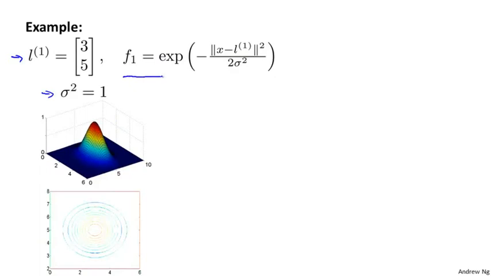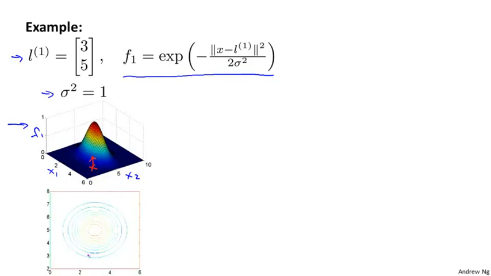If I plot what this feature looks like, what I get is this figure. The vertical axis, the height of the surface, is the value of f1, and down here on the horizontal axes are x1 and x2. Given a certain training example with certain values of x1 and x2, the height above the surface shows the corresponding value of f1.